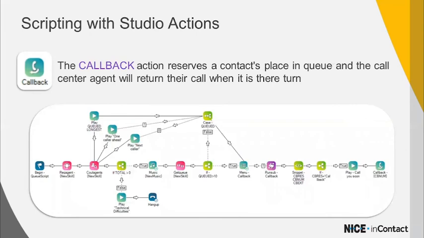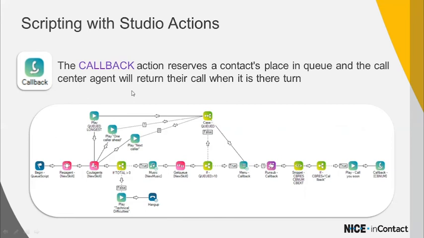Here it says define a callback scripting. How are we going to achieve it? The callback option reserves a place in the queue, and the call center will return a call when it's their turn. Just understand why we use callback.